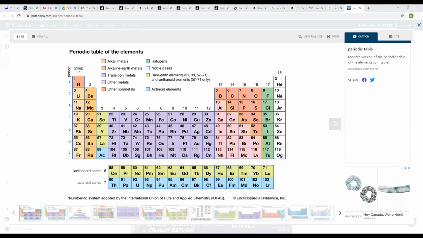Then we talk about the charge of the ions of these groups. What are the charges associated with these groups? On this group, how many valence electrons do they have? 1.